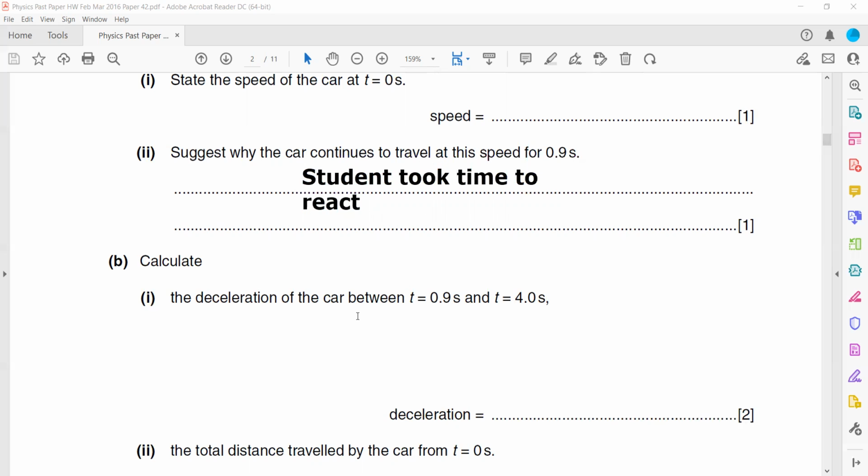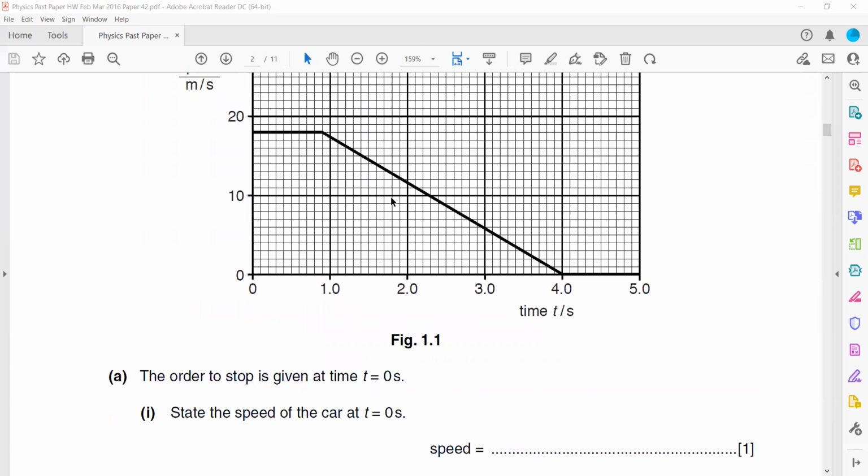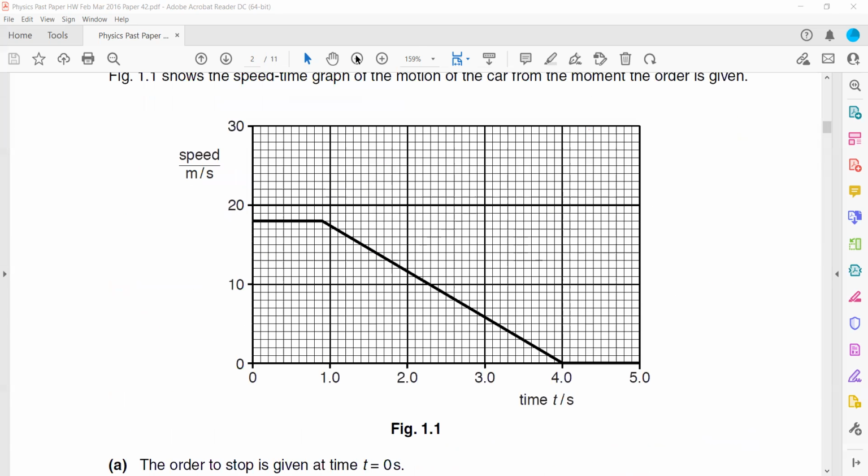Calculate the deceleration of the car from 0.9 second to 4 second. At 0.9, it was traveling at 18 meters per second, and at 4, it is traveling at 0 meters per second. The time difference from 0.9 to 4 is 3.1.